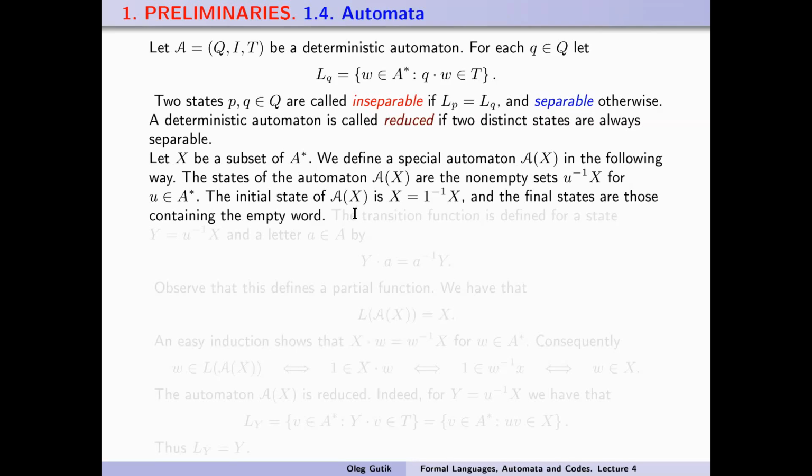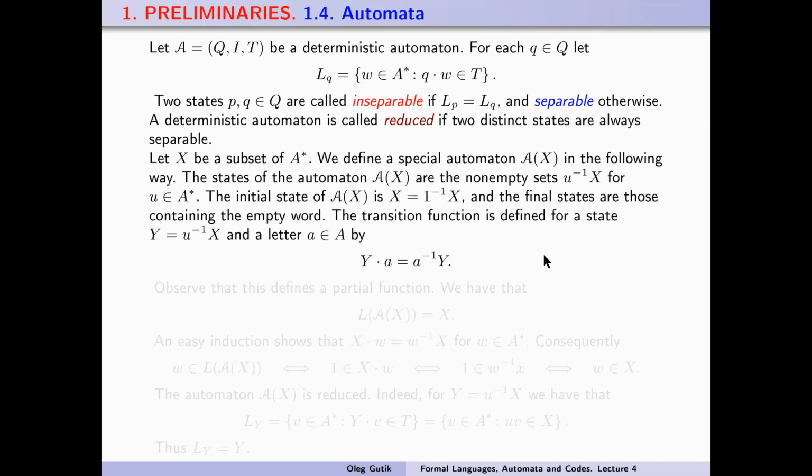The initial state of the automaton A of X is the state X, which has the form empty word to the power minus 1 multiplied by X, and the final states are those containing the empty word.